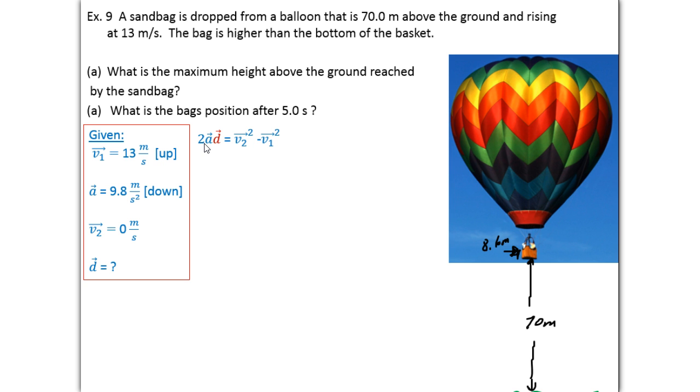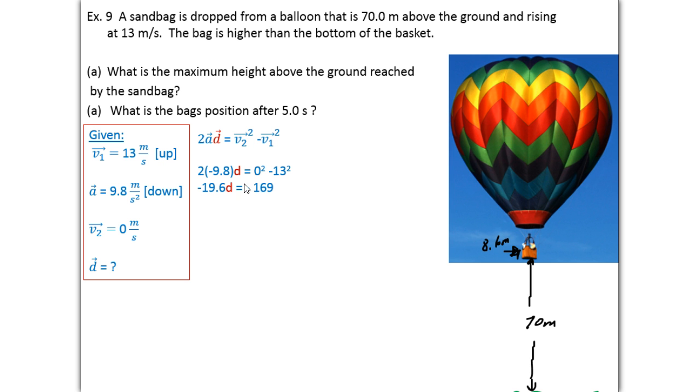So our formula here, 2 times acceleration times displacement, V2 squared, subtract V1 squared. Fill in all the information you're given. And now, notice here, we wrote in the negative, and the reason being is that the displacement has to be given as up. So we would change this here from 9.8 down to negative 9.8 up, because your velocity and acceleration have to be the same.